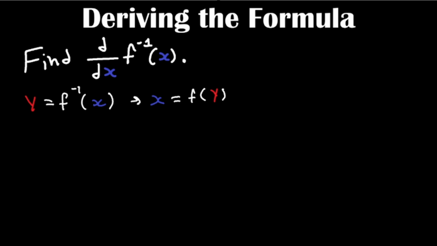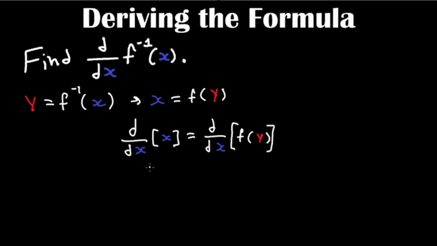If we differentiate both sides with respect to x, the left side will just become 1, and the right side will need the chain rule. So let me differentiate both sides with respect to x. The left side is just going to be 1. The right side, we need the chain rule. Our outside function is f, and our inside function is y.